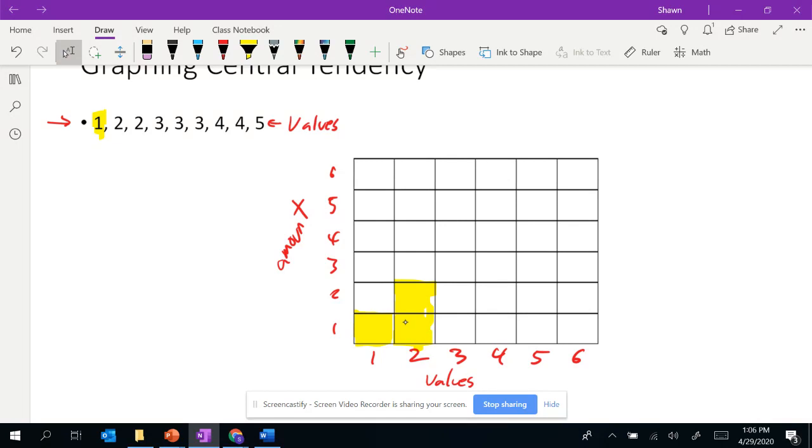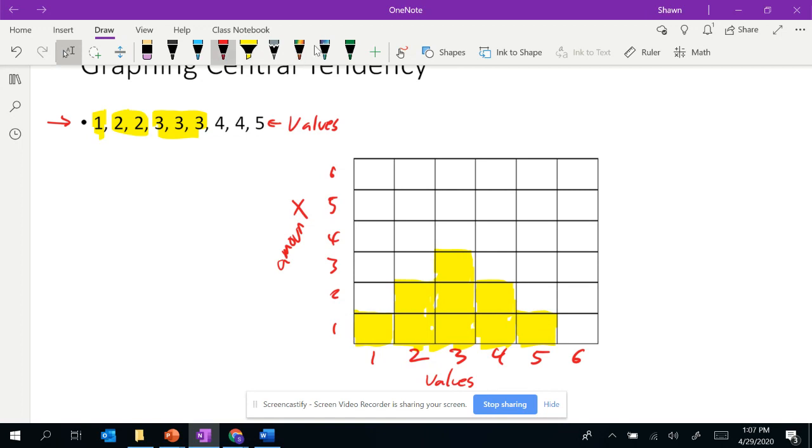Here's the number 2 for the value, and we see it two times. Then we see the number 3 three times. Then we see the number 4 two times, and then we see the number 5 once. And we see the number 6 no times, so it doesn't even get anything.